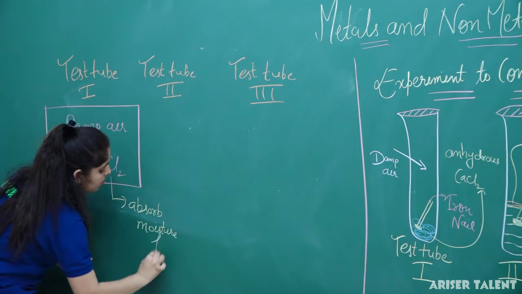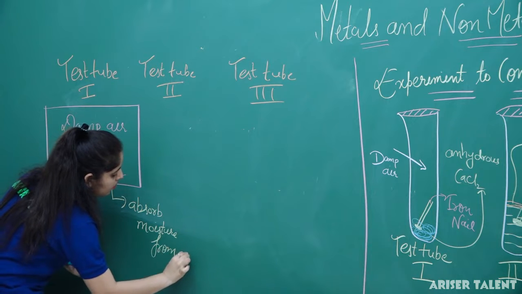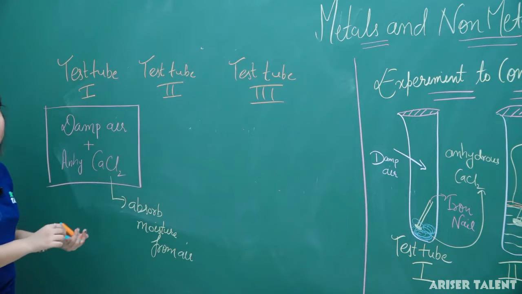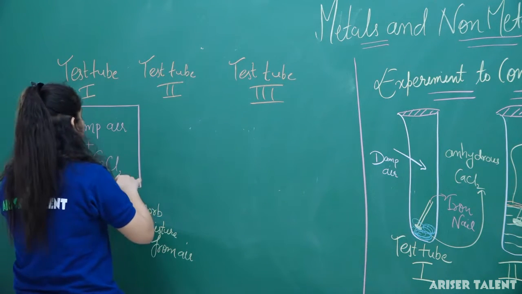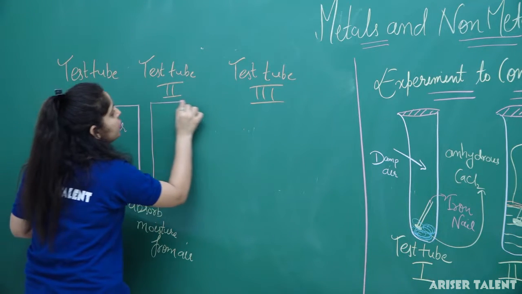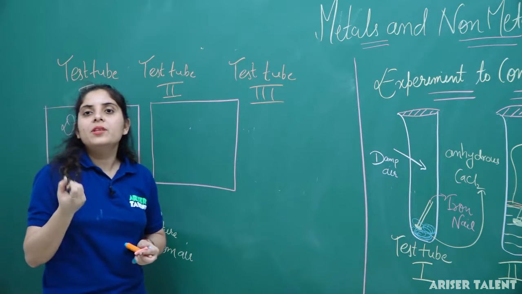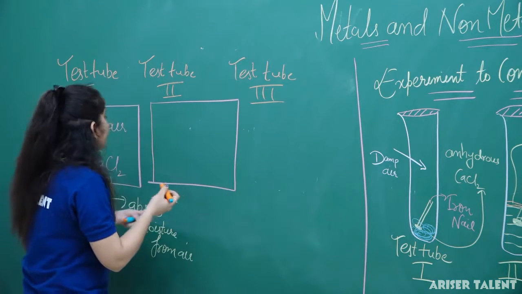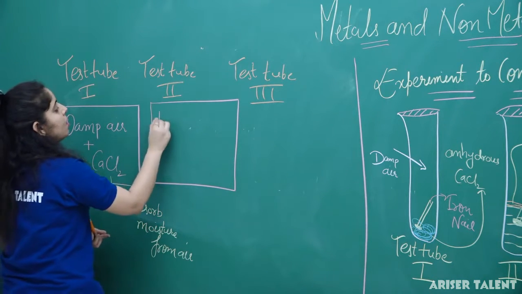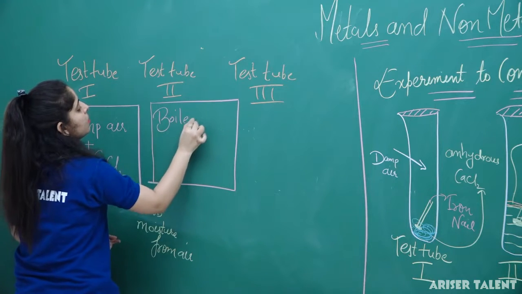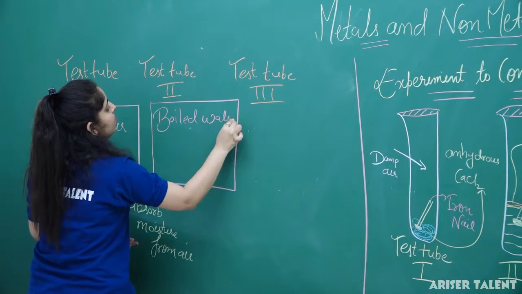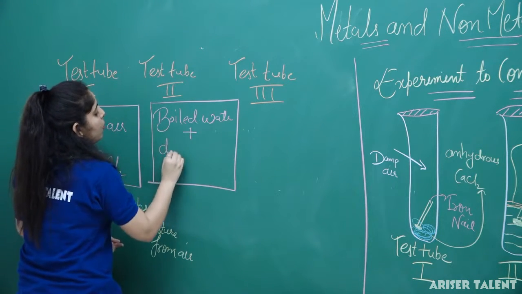Now, what will be the scenario in test tube number 2? We have observed that in test tube number 2, we have taken boiled water along with a layer of oil. So what we have taken here is boiled water plus drops of oil.